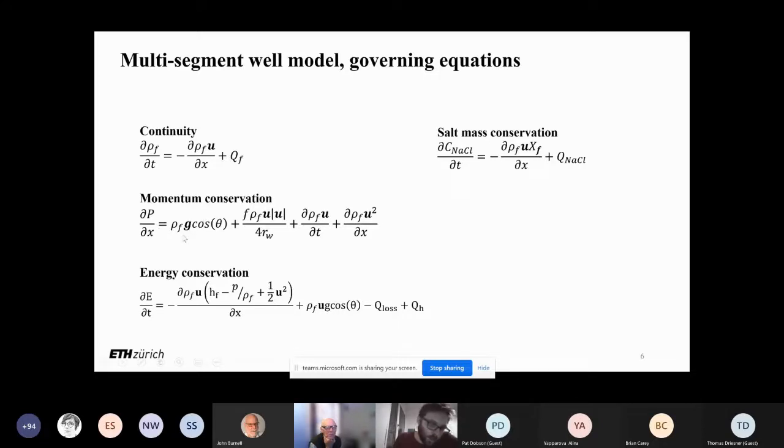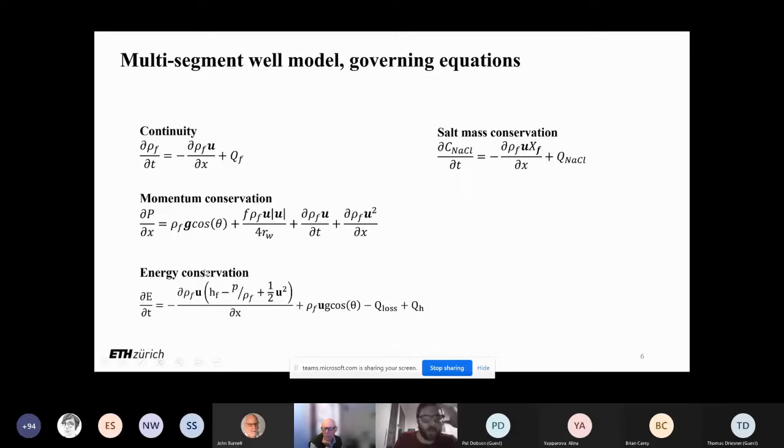This change in pressure is a function of gravity, so the weight of the water, and a friction term that depends on the velocity and the friction factor, and then inertial terms.